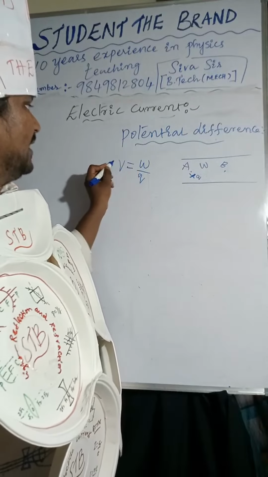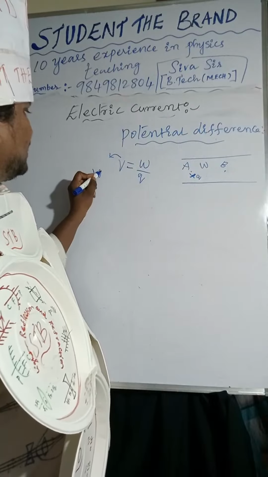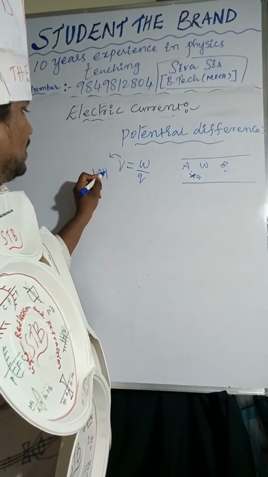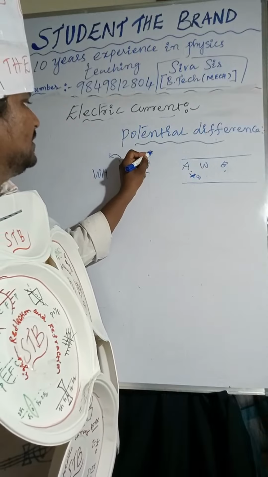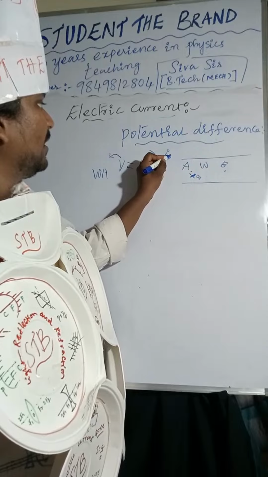The SI unit of potential difference is volt. The SI unit of work is joule.